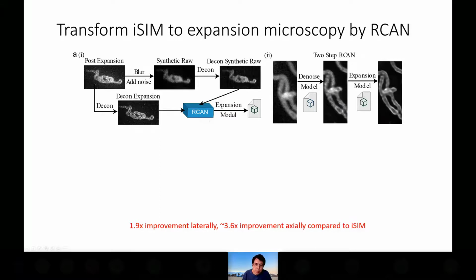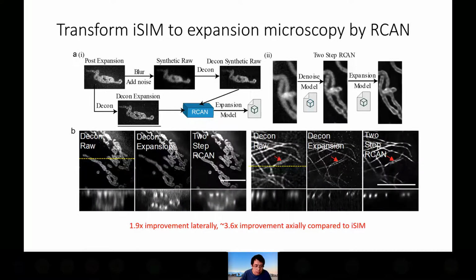After that, we apply the two-step RCAN to the iSIM images. We first apply the denoise model to remove the noise, and then we apply the expansion model to get the predicted expansion images.